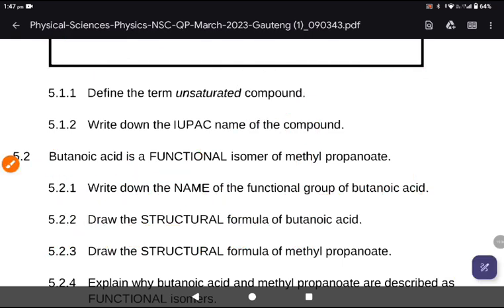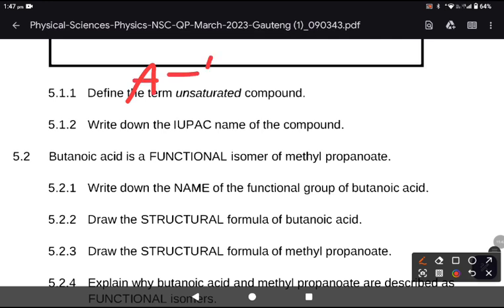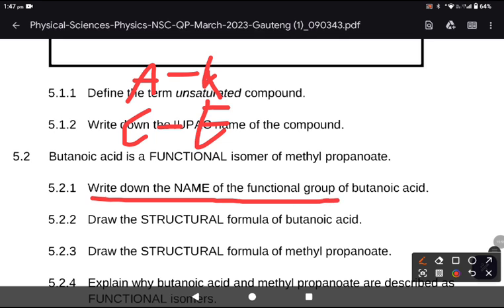So with that, now they said butanoic acid is a functional isomer of methyl propanoate. Of course, we talked about an aldehyde and a ketone. Even the carboxylic acids are functional isomers of esters. So write down the name of the functional group of butanoic acid. Like I told you, when you name a carboxyl group, they end with noic.